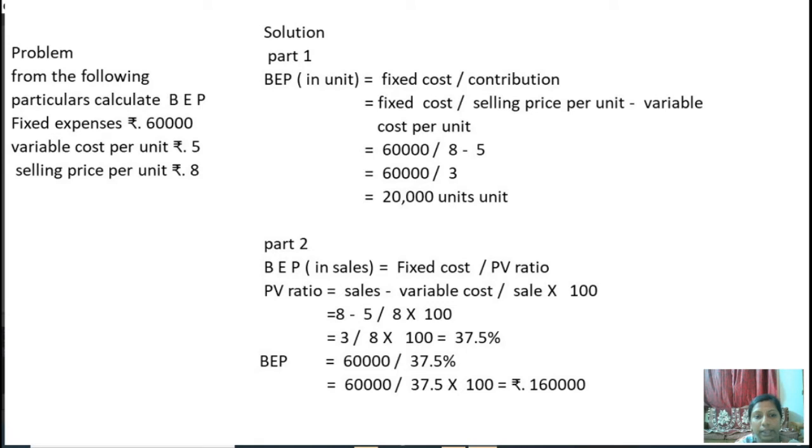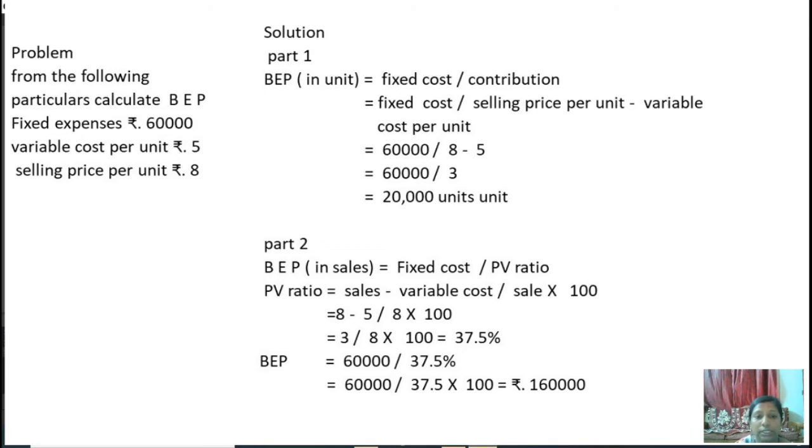The other method, the BEP in sales. We apply the formula: fixed cost divided by PV ratio. Here in the problem, they have given the information about the fixed cost, but they have not given the PV ratio. So we calculate this PV ratio using the formula: sales minus variable cost divided by sales into 100.